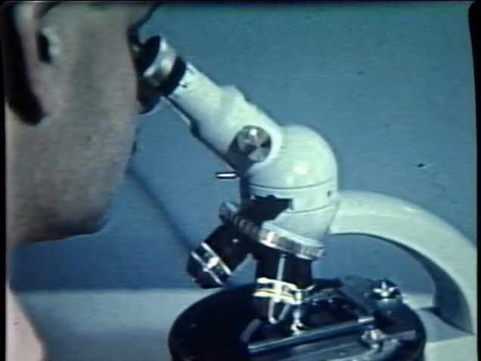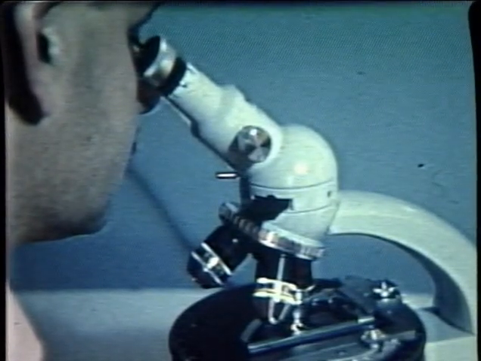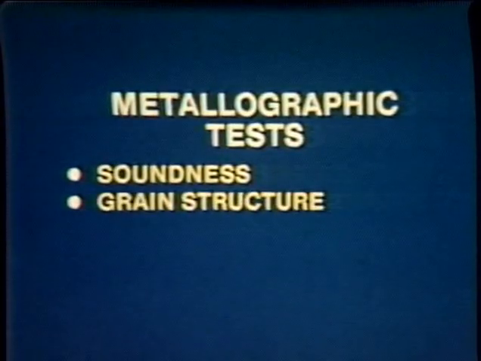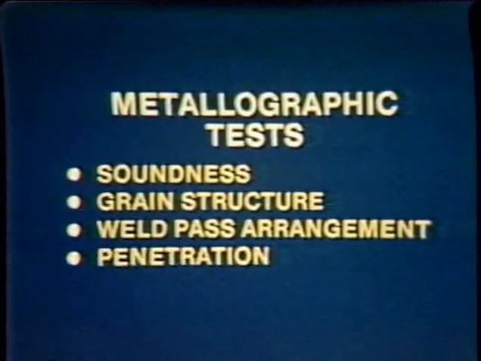This is known as macro or micro examination, depending on the magnification used. The etched surface is inspected with or without magnification to determine the following properties: soundness, grain structure of the weld, fusion zone, and heat-affected zone, weld pass arrangement or bead sequence, and penetration.